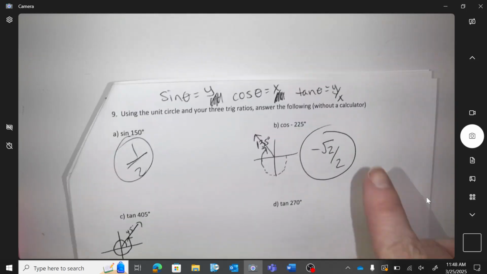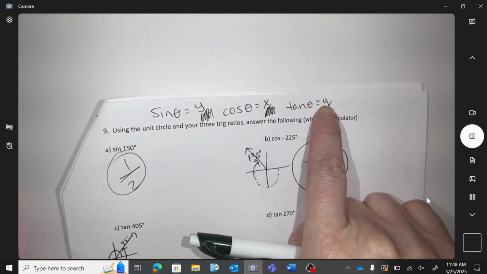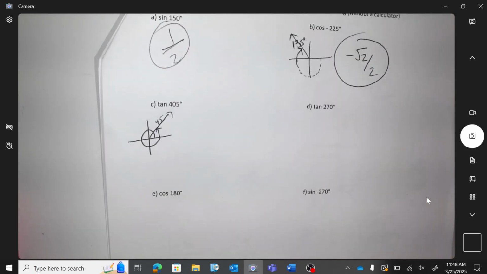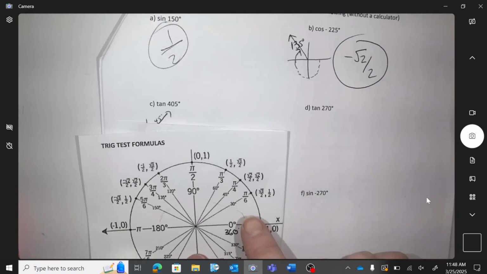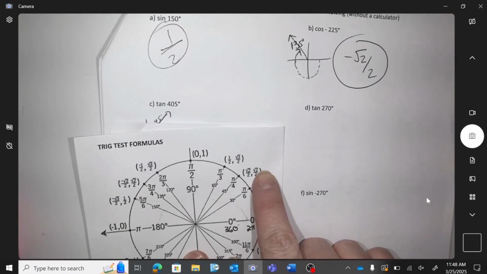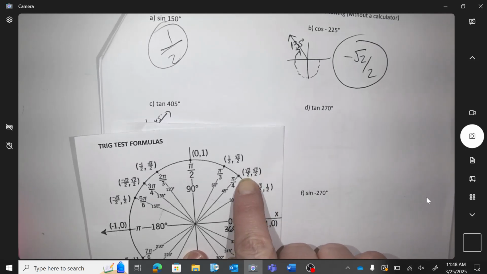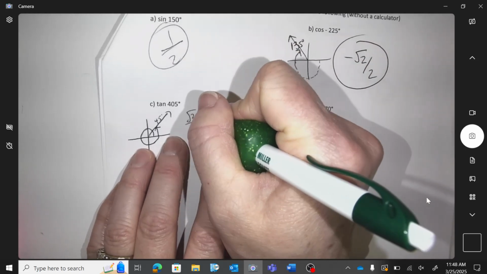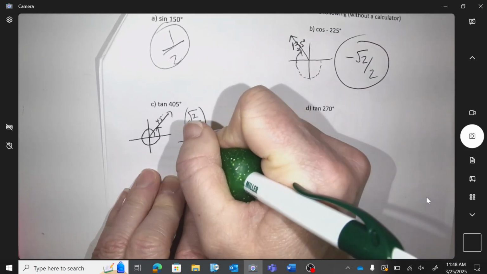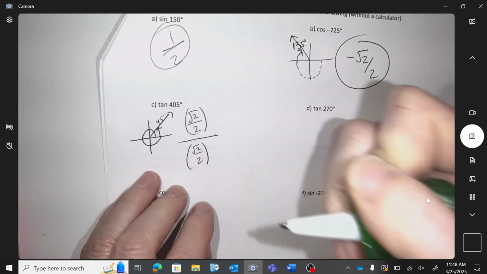Now, tan tells me to take the y value divided by the x value. So here I'm going to go 45. I'm going to write the y value down, divide by x value.